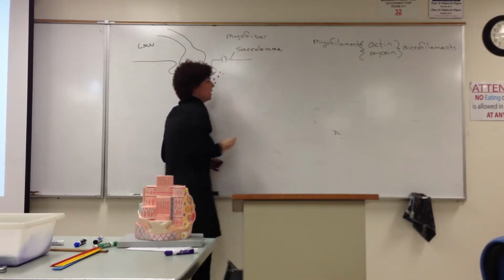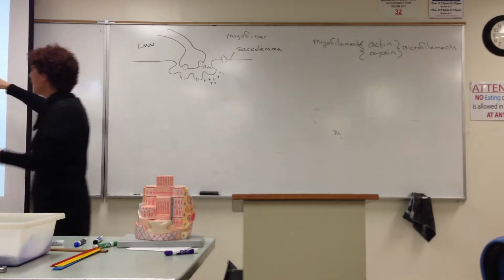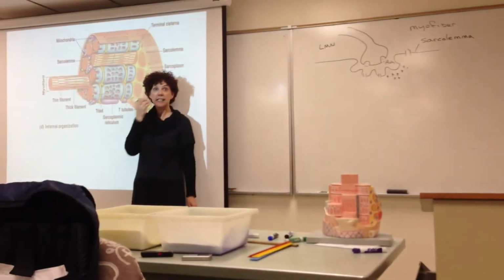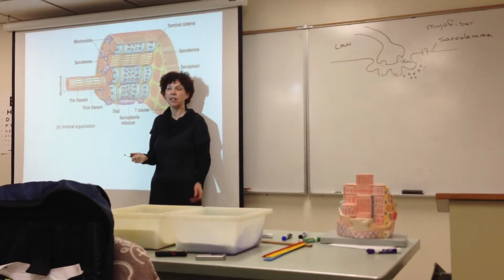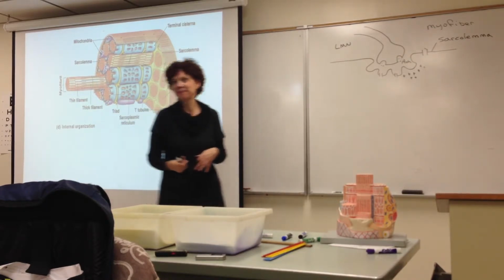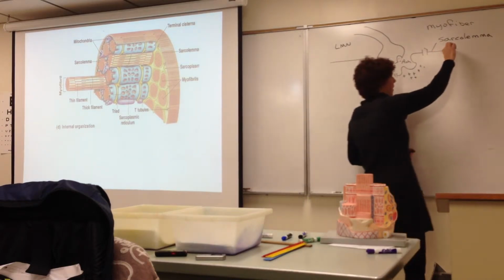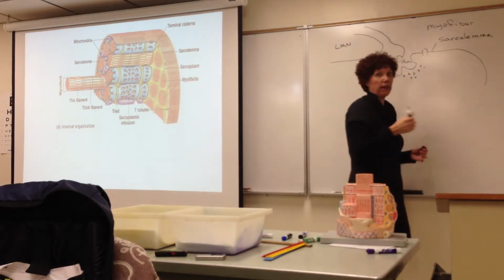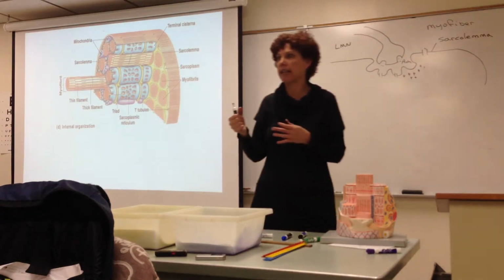Okay. Now, if we need to open voltage-gated channels deep down in the muscle cell, in the sarcoplasmic reticulum, having the current way up here on the surface isn't going to do it. So we need to carry that electrical current deep into the cell. And we do so by taking the sarcolemma, and it's like, I don't know how many of you have made bread dough or yeast bread.